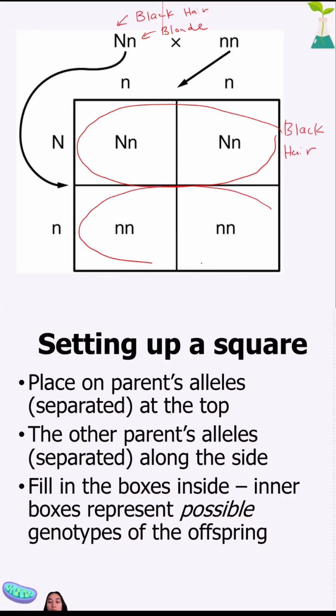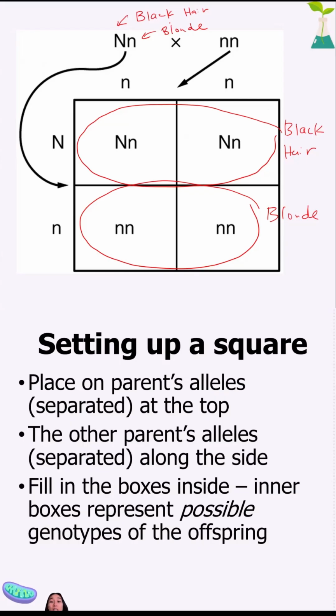And then these individuals are all going to be blonde. We don't have anyone that is capital N, but if anyone was capital N, they would also have black hair. So those are your phenotypic ratios, 50% black hair, 50% blonde, which happens in this specific case to also be the same as the genotypic ratio. It is not always the case, but in this specific case it is.